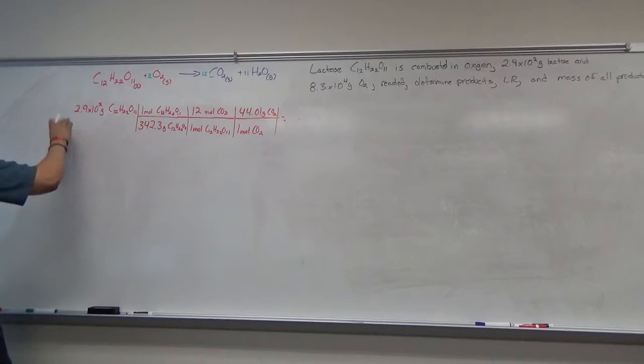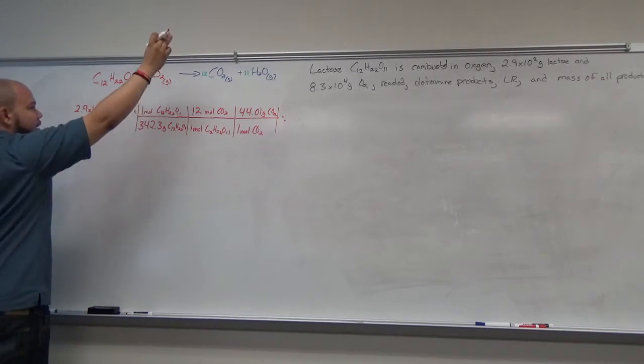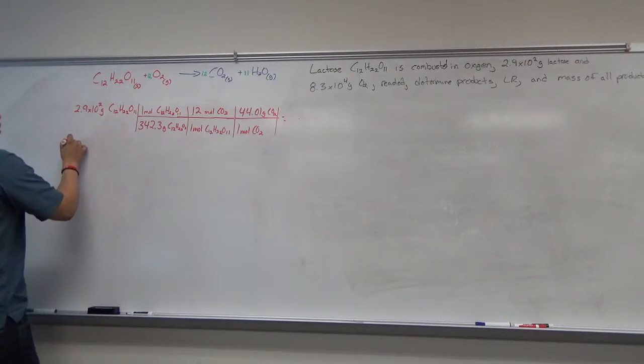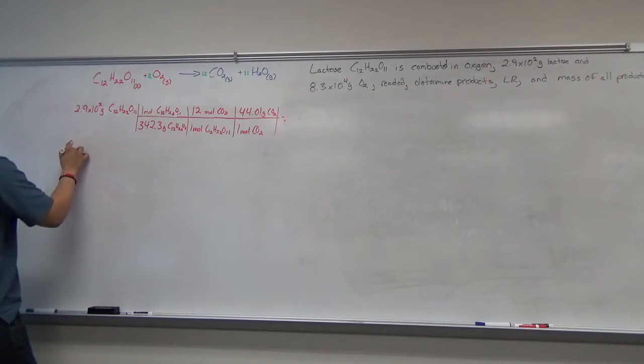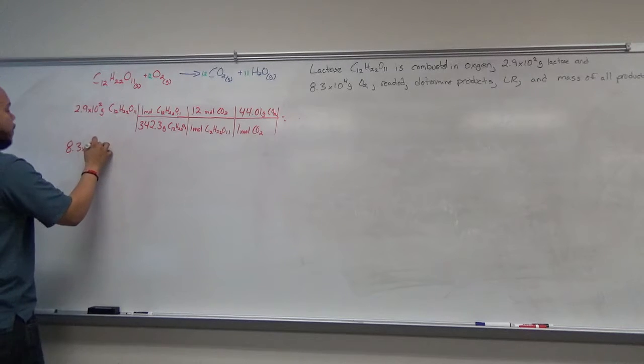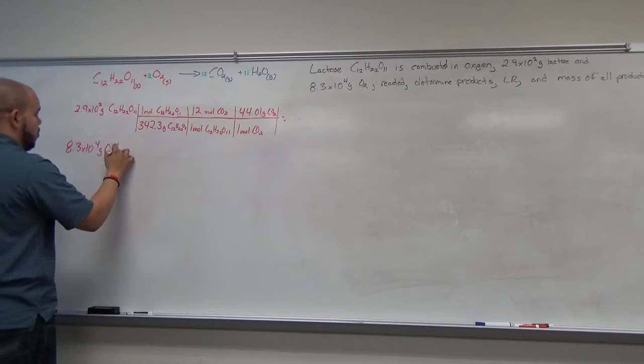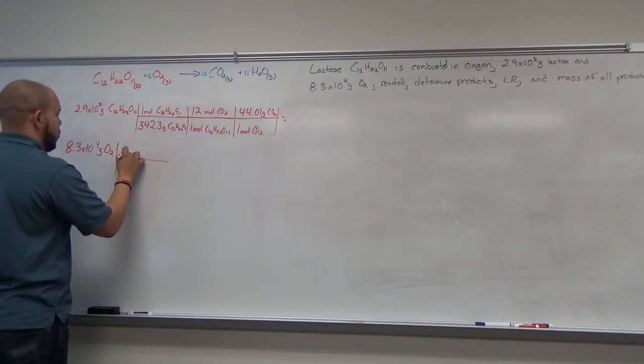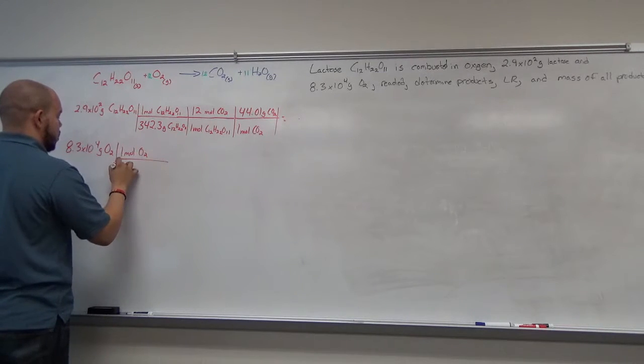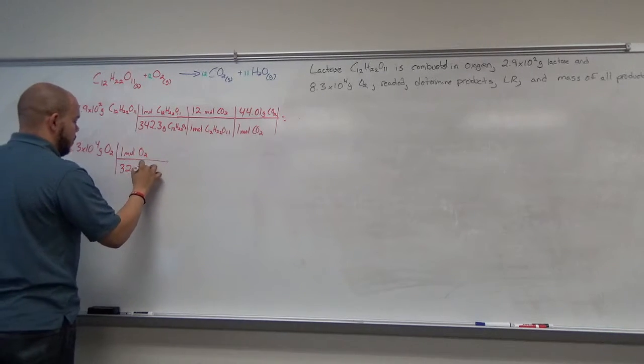To determine limiting, we need to take the other reactant and compare it to that exact same product. We have 8.3 times 10 to the 4 grams of oxygen, and 1 mole of O2 is equal to 32 grams of O2.